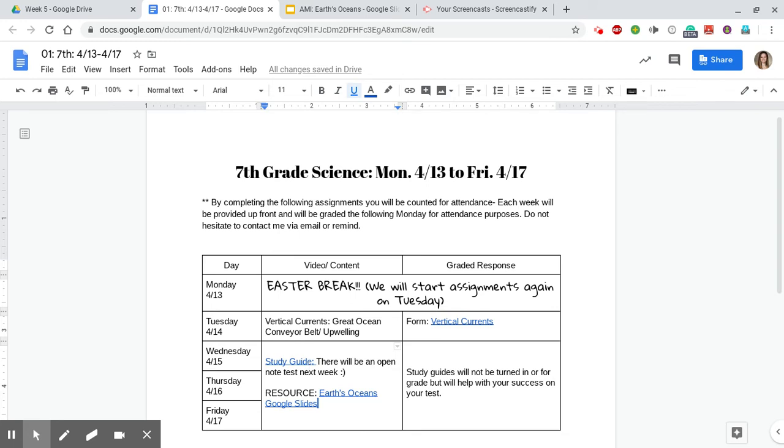Study guides are not going to be turned in for a grade. However, completing a study guide gives you a one-stop shop whenever you take the Open Note, that's right, you heard me right, Open Note Ocean Test next week. So you want to come prepared so you know all of the information. You don't have to go thumbing around, because we have stretched basically a 2-week unit over several weeks.